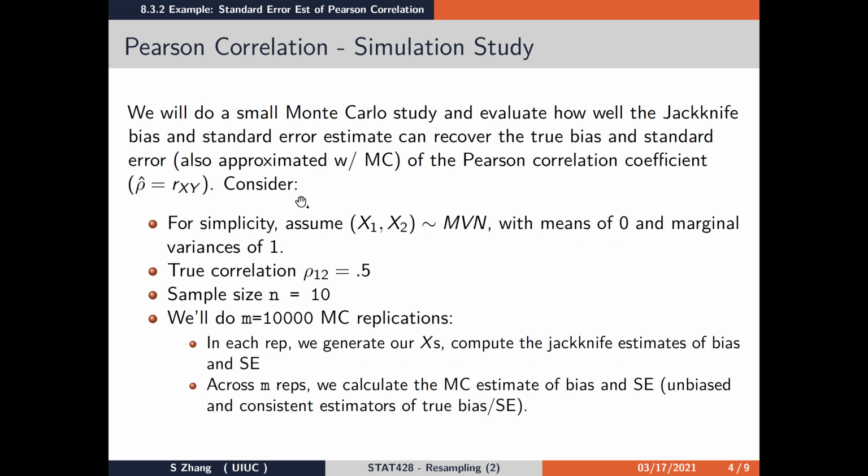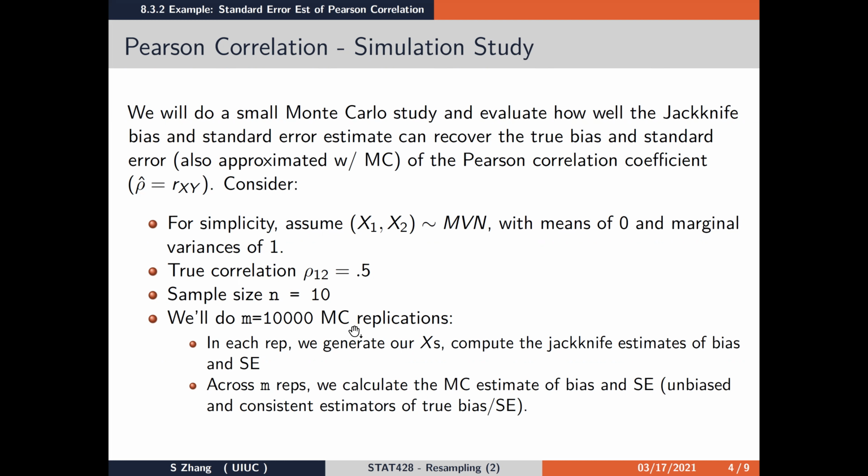For simplicity, let's assume that x1 and x2 follow the two-dimensional multivariate normal distribution with means of 0 and marginal variances of 1. Further assume that the true correlation between x1 and x2 is equal to 0.5. We're going to do a total of 10,000 Monte Carlo replications.